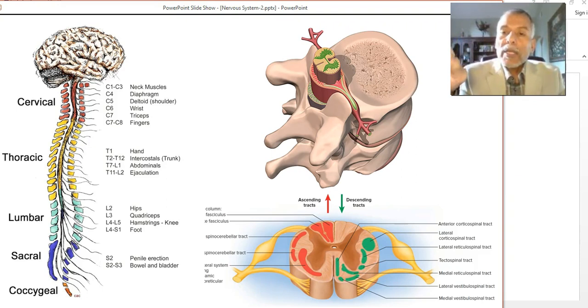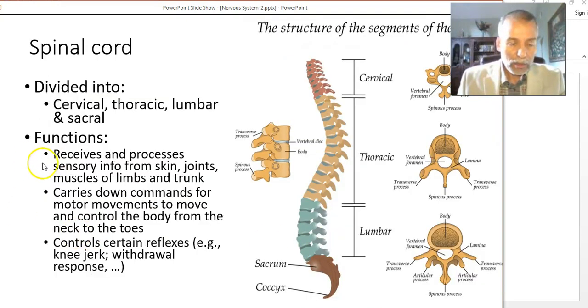Immediately, without your control, you are going to withdraw your arm, and that is not made by the brain making decisions, but by the spinal cord reflex. It's a survival mechanism that makes your body withdraw from pain without your conscious control. So these are the main primary functions of the spinal cord.